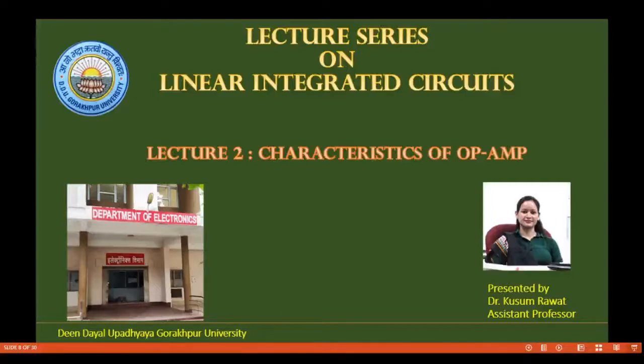In that lecture, we also solved the performance parameters of the dual input balanced output differential amplifier, where we calculated the differential voltage gain, the input resistance, and the output resistance of the system.